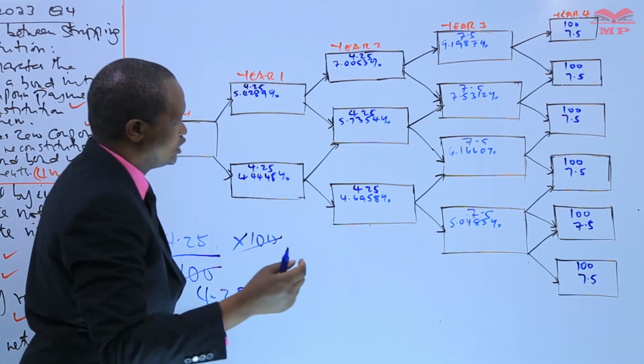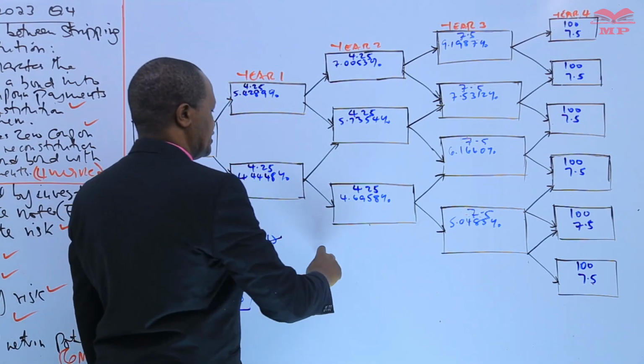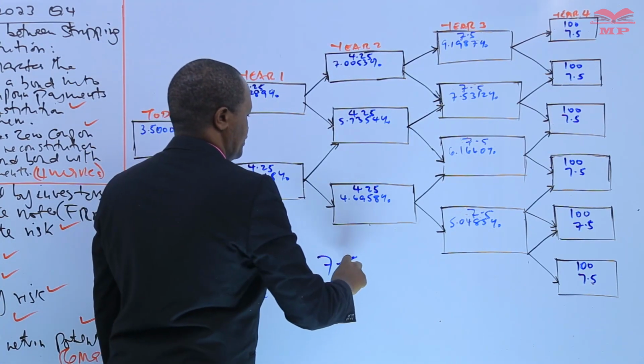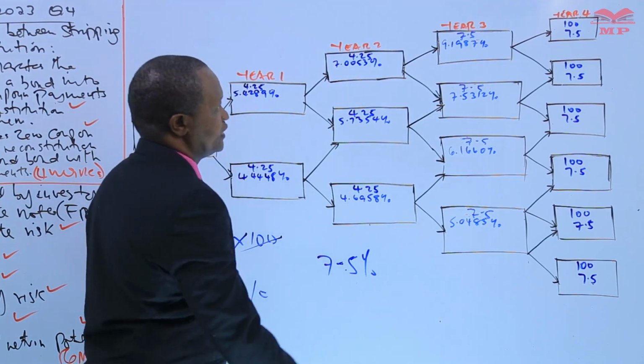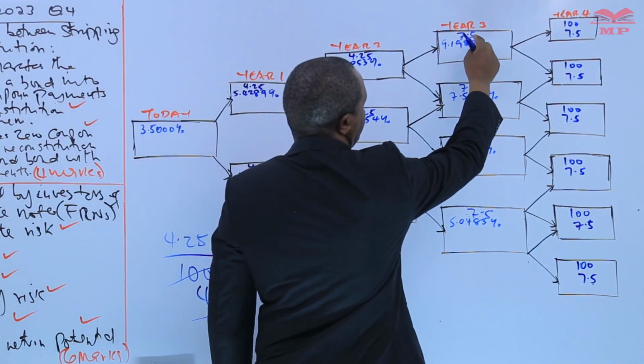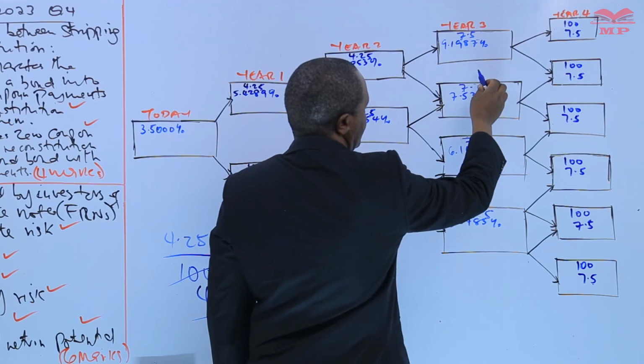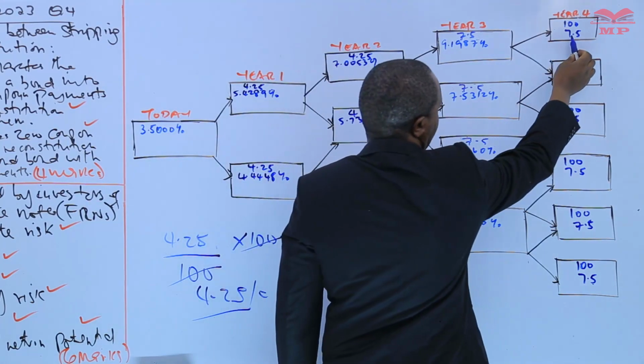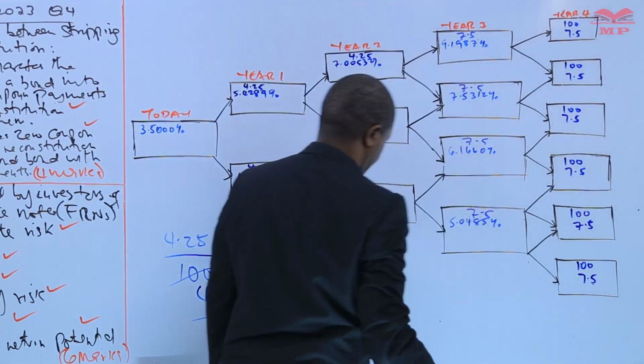Then for the next 2 years, the interest is 7.5%. So we have here 7.5. Then we also have 7.5 in the fourth year.